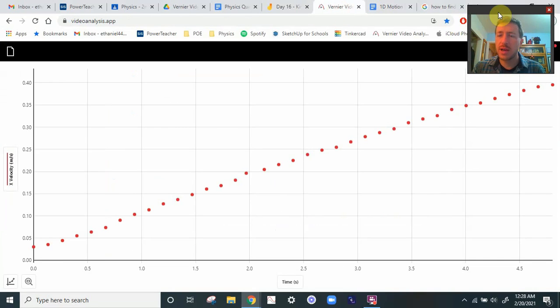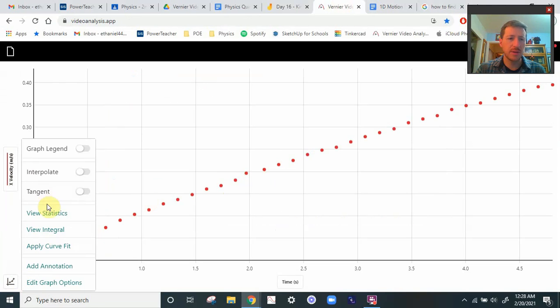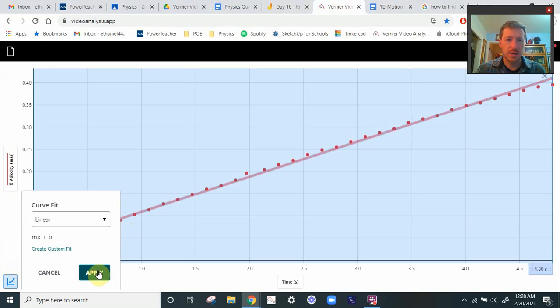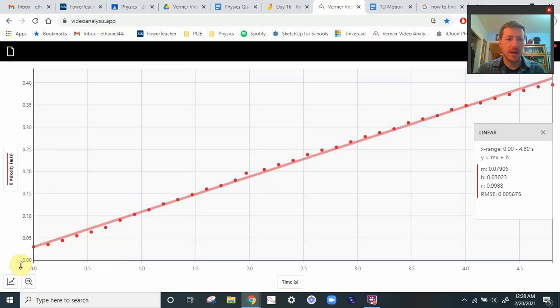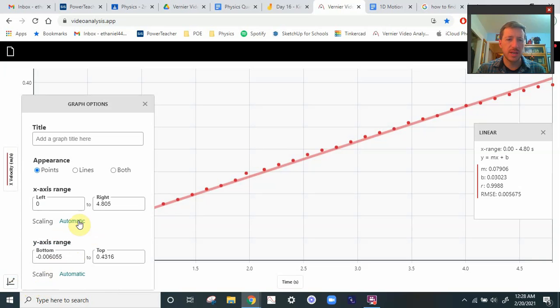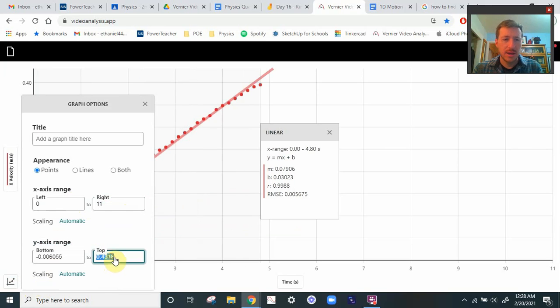I have our video analysis up here. And what you can do is I have my velocity graph up first, we'll do that first. If I apply my linear fit, and then I can go to these graph options and I can change my scale. So I want my x-axis, which is time, to go up to 11 seconds.